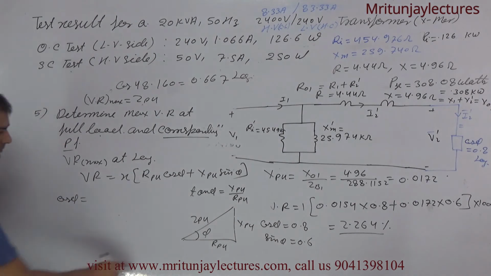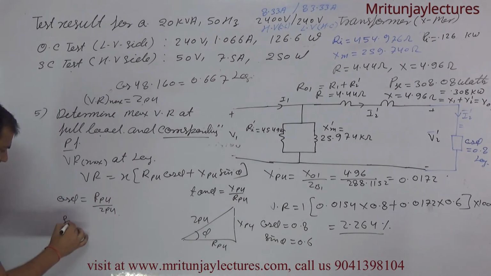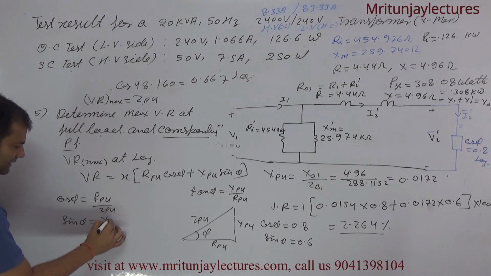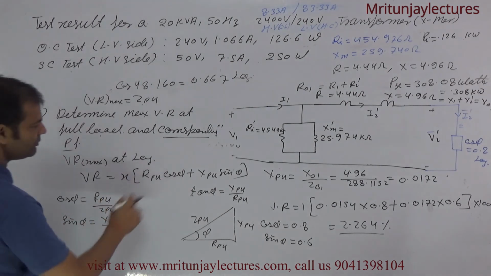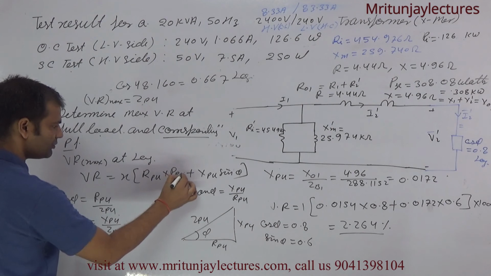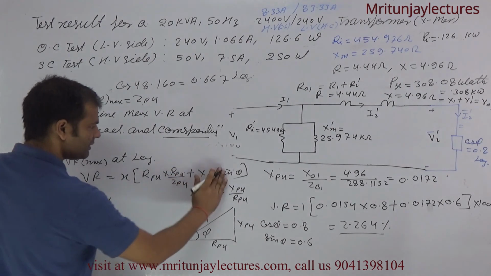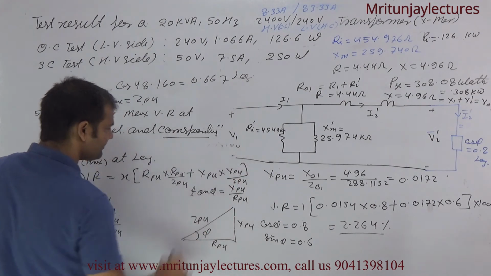Cos phi is RPU divided by ZPU and sin phi is XPU divided by ZPU.